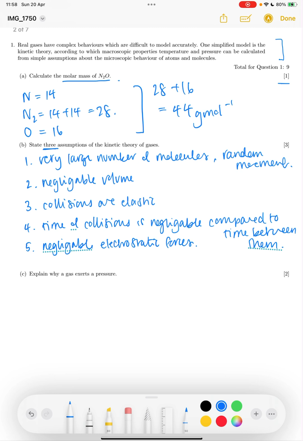Right, part C, it says, explain why a gas exerts a pressure. Now, he talks about this really, really clearly in the video, and he gives you the example of the balloon. We need to be able to phrase that in a way that suits any condition, though, not just inside of a balloon. So I'm going to say molecules collide with each other, as well as the walls of the container.